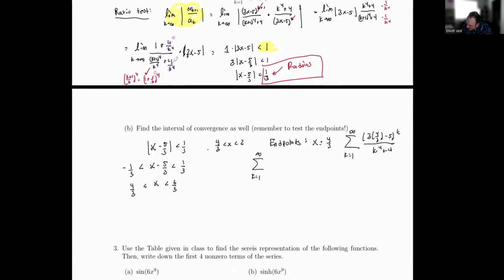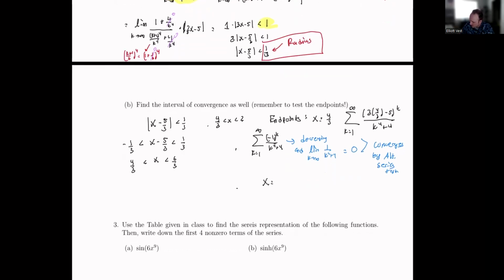Summation k equals 1 to infinity of negative 1 to the k over k to the 4th plus 4. So we can see here, if you use the alternating series test, we don't have to do it all. I can say decreasing, and the limit as k approaches infinity of 1 over k to the 4th plus 4 equals 0. This converges by the alternating series test. So it's helpful to be good with our tests, right?